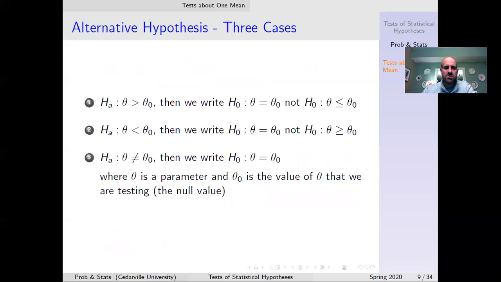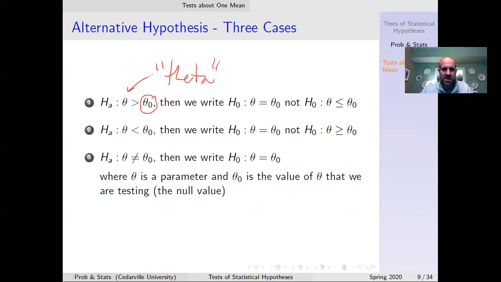So this is the general situation that you might run into. There are three situations you might run into. And by the way, theta is just the Greek letter theta, okay, just so that you know. Let me get in here and write this. So theta, right, this is the Greek letter theta, okay? And this is theta sub 0, or theta naught, some specific value like 1,000 or something like that.